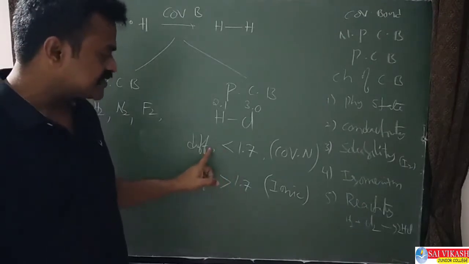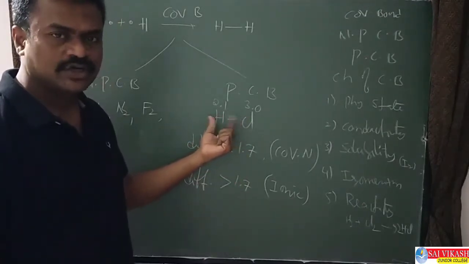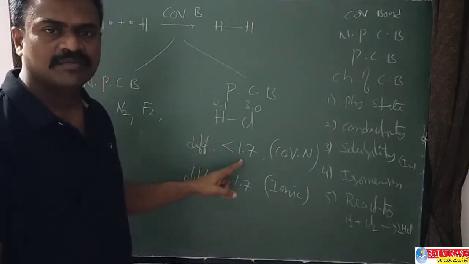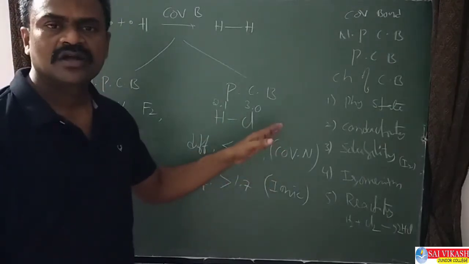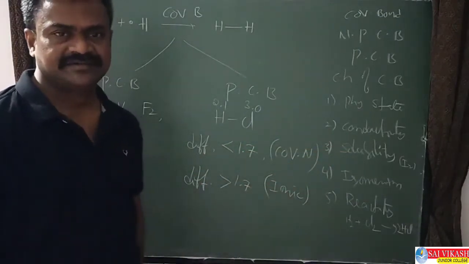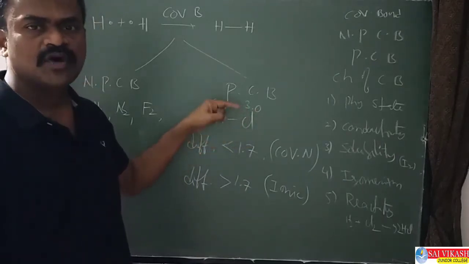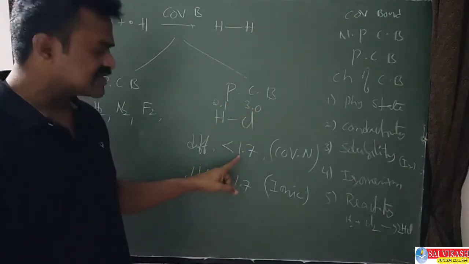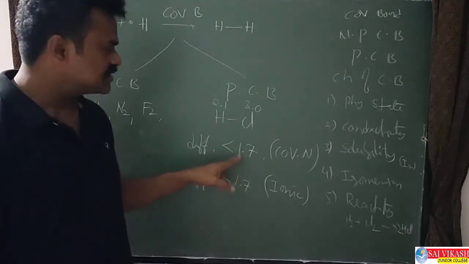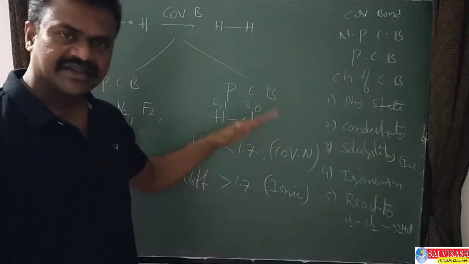This is one measurement. If the difference between the two elements' electronegativity is less than 1.7, then covalent nature is more dominating, less polarity. Look at this, 2.1 and 3. The difference is 0.9, which is less than 1.7. It means in this case covalent nature is dominating and ionic nature decreases.